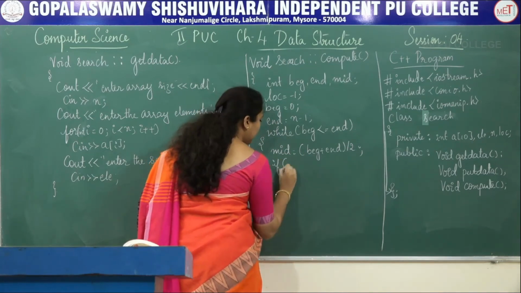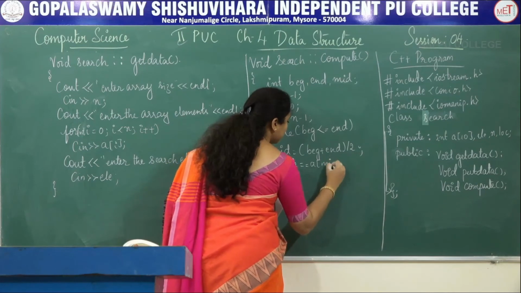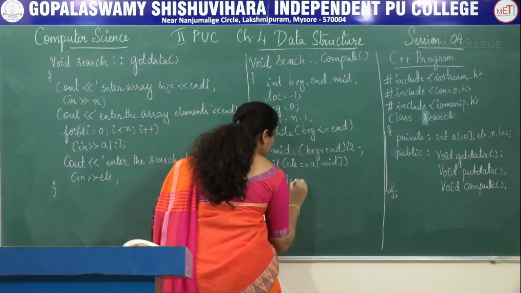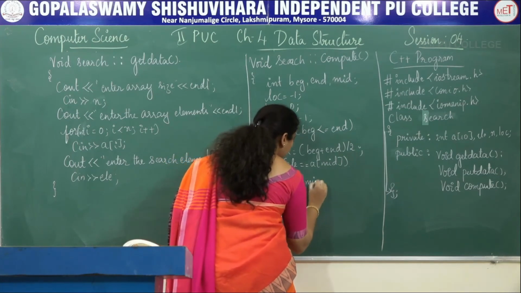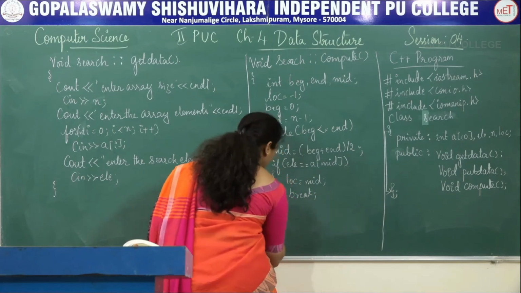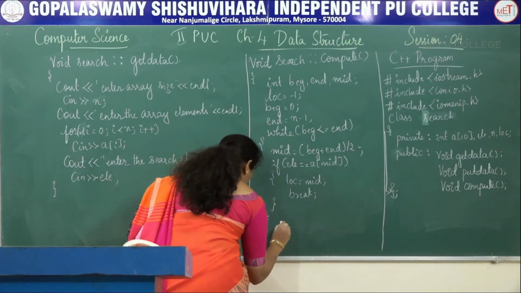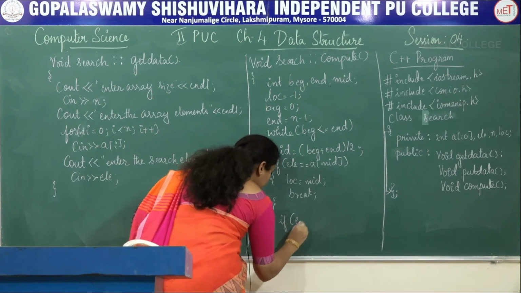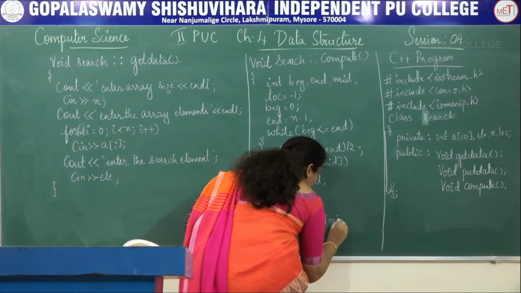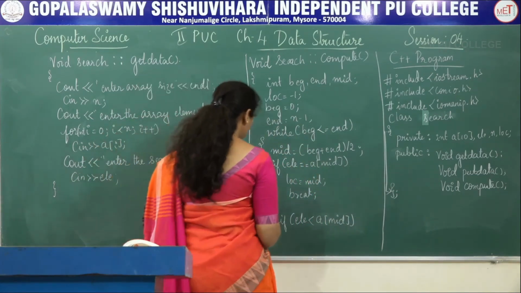If element is equal to A of mid, then location is equal to mid, break. Else if element is less than A of mid, what we have to do?